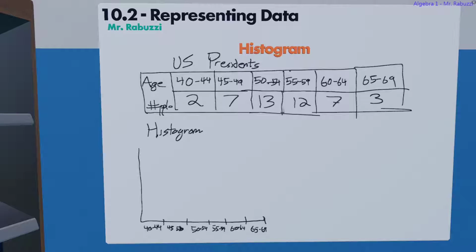So there's my categories. Then on the side, we again put our scale. And it goes from 2 to 13. So I think 1 through 15 can work again. So 0, 1, 2, 3, 4, 5, 6, 7, 8, 9, 10, 11, 12, 13, 14, 15.